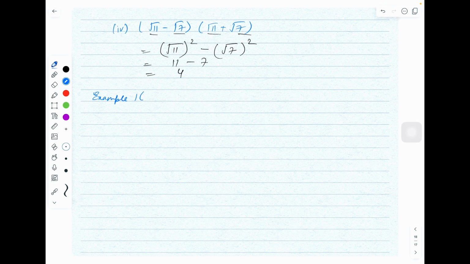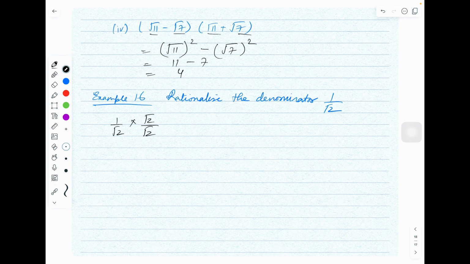Example 16. Rationalize the denominator 1 by root 2. Okay, 1 by root 2 into root 2 by root 2. I have already done it.